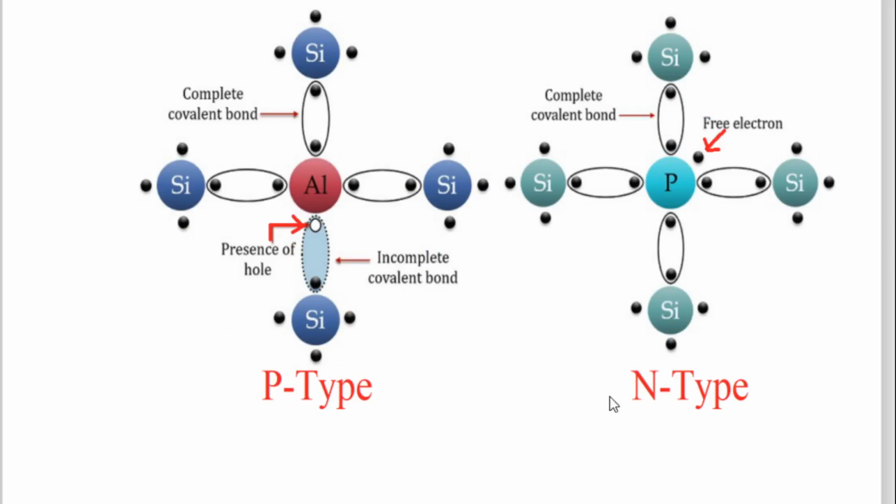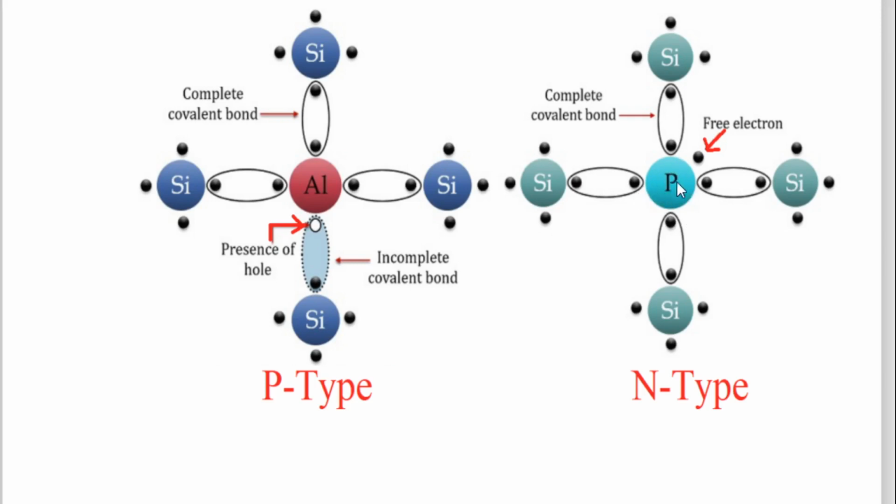On the right hand side there is n-type material, and all of you are aware that n-type material is fabricated using a single atom of pentavalent impurity, which is called phosphorus here. This P stands for phosphorus, a pentavalent impurity atom.